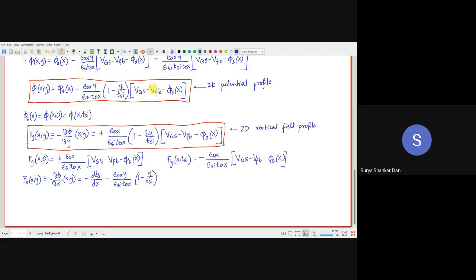These are all constants, so they will also vanish. So the only thing that remains will be minus d phi_s dx.